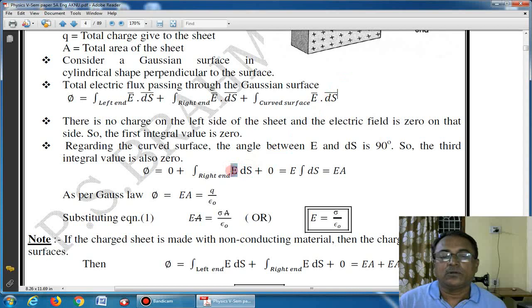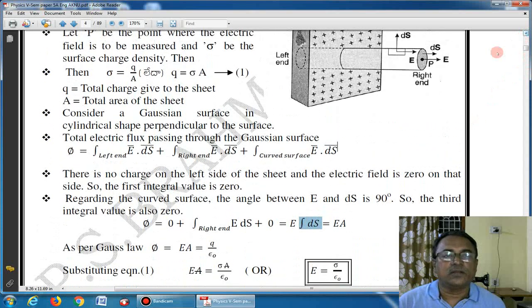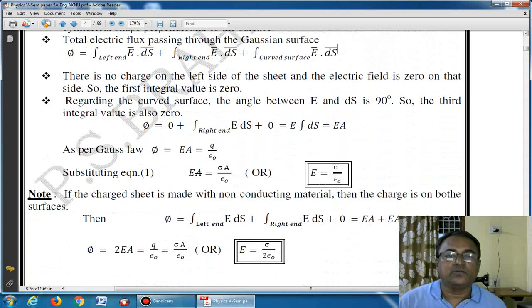Then take E out of the integral, so E into integral ds, and integral ds is equal to the total area of that surface, that is the right hand surface, and say the area of that surface is equal to A. So the Gauss law equation becomes: total flux phi is equal to E into A. This is equal to Q by epsilon naught, and in the first equation we know Q is equal to sigma A, where sigma is the surface charge density and A is the area.